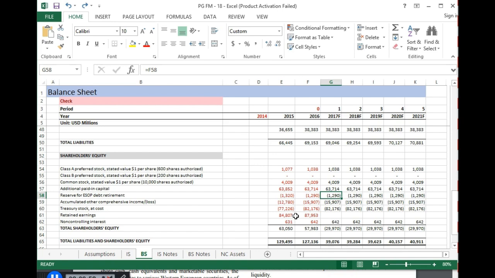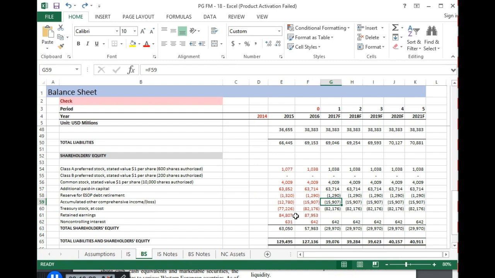ESOP is employee stock ownership plan, in which employees are given a plan or an option to buy company's shares in future. So its value may change based on the change in value or based on the change in employees. If some employees have exercised it, it can go down. So this reserve is being kept for it. So we have just stretched it as it is.